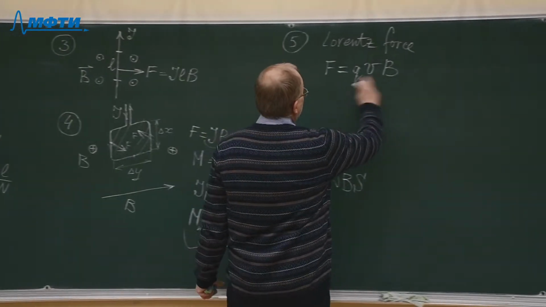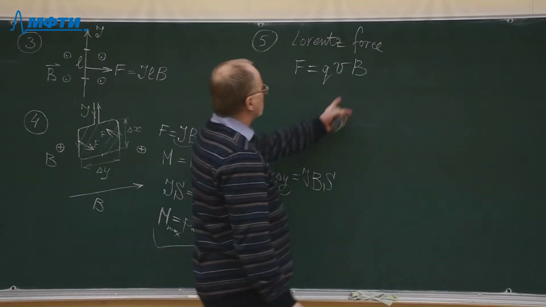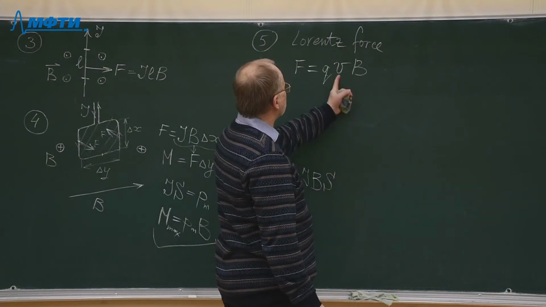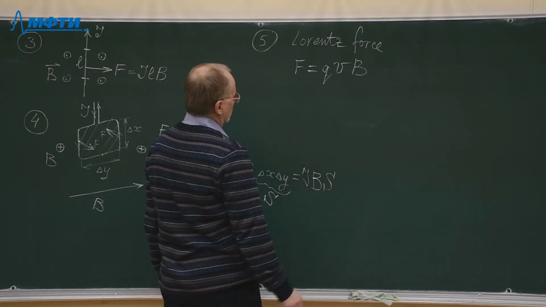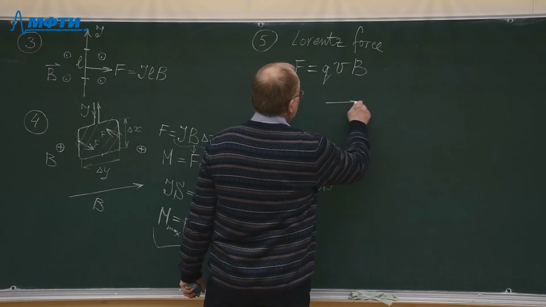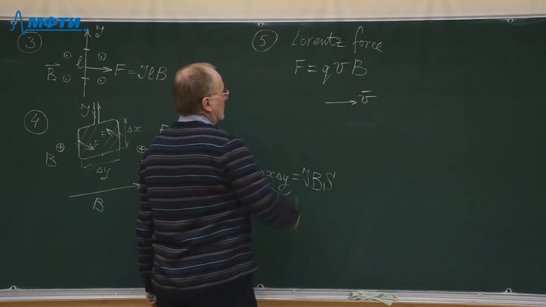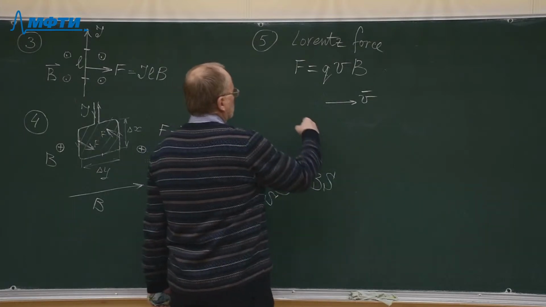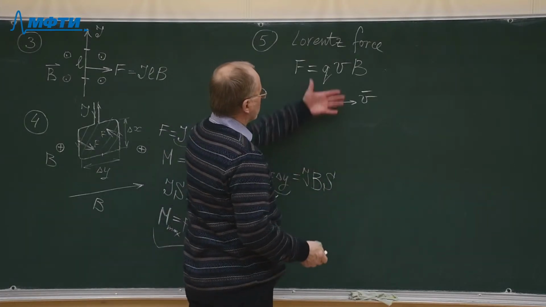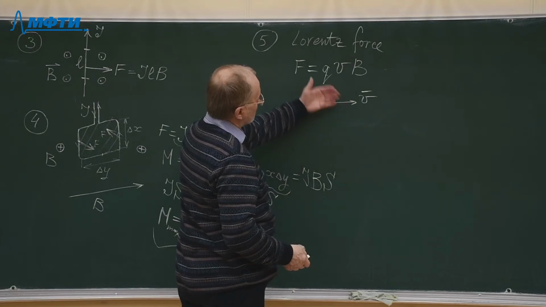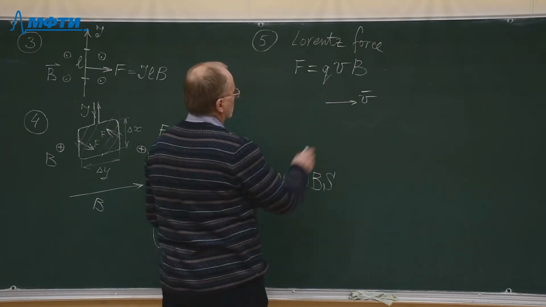And the direction of this force will be perpendicular to the vector B and to the vector of velocity. So if velocity is directed here and the magnetic field is directed into the blackboard, then we can use the left-hand rule to determine the direction of the force.